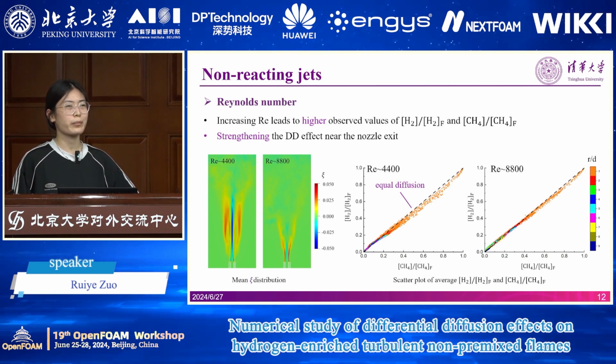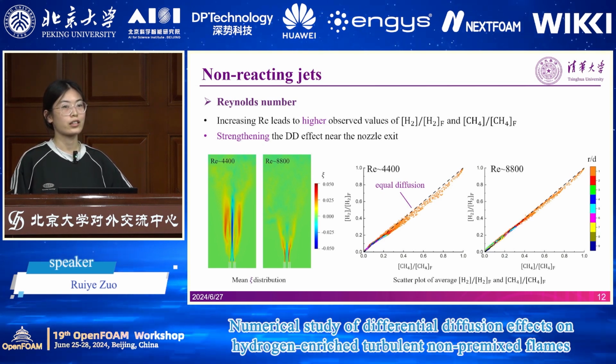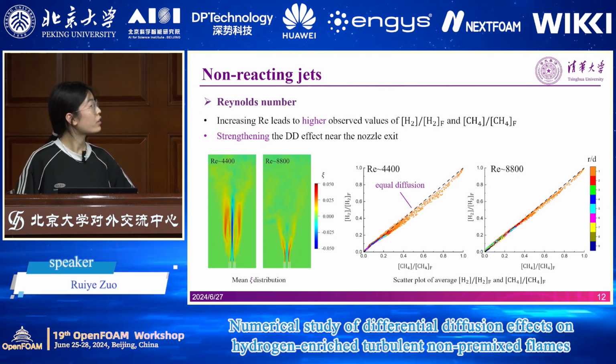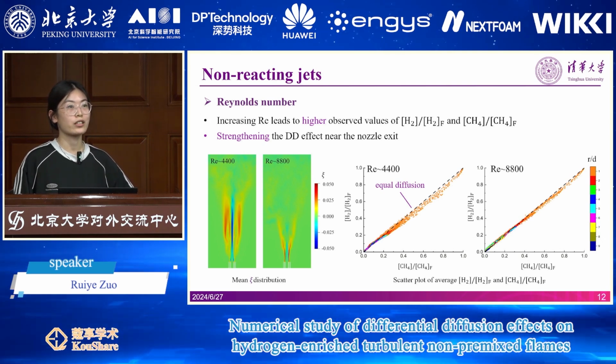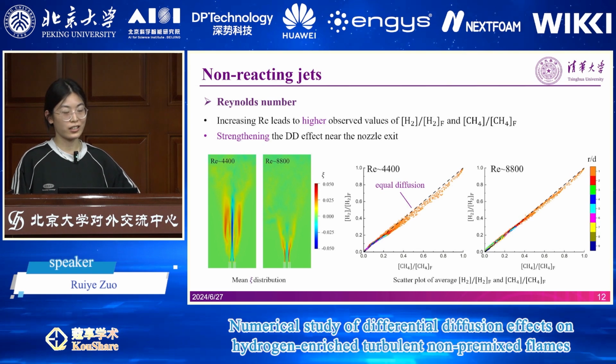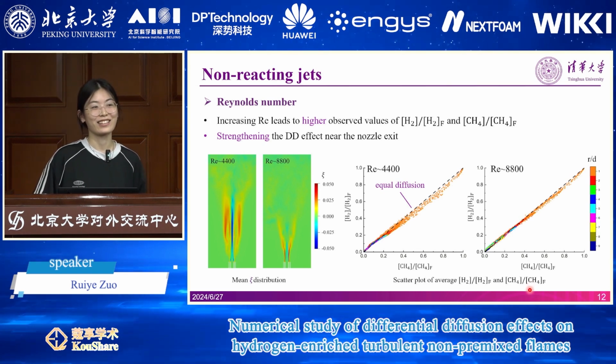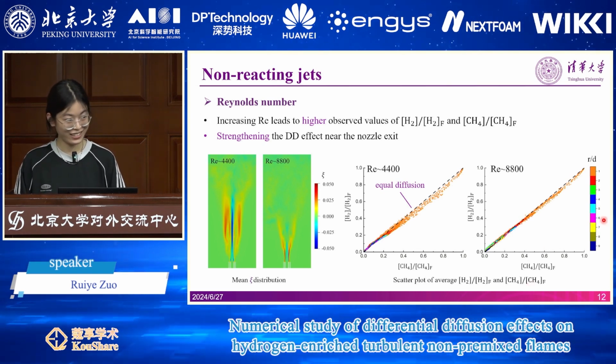You mean mixture fraction? Yeah, you measure this differential diffusion by the difference of mixture fraction. Not the mixture fraction. Yeah. I think it's fine. Oh, okay. Do you have more questions?